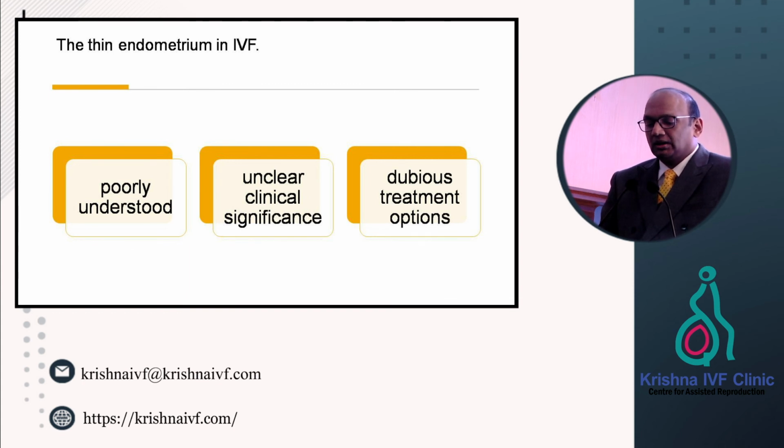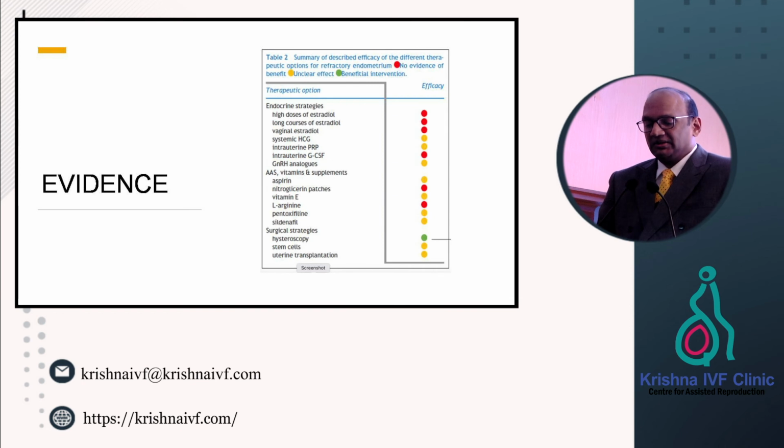Here you see almost different strategies: endocrine strategies, vitamin supplementation strategies, surgical strategies. The orange is unclear effects, the green is beneficial intervention, the red is no intervention. In a thin endometrium, except for doing a hysteroscopy, the evidence does not show that the other interventions are very effective.